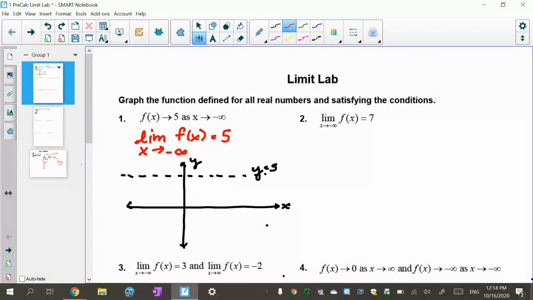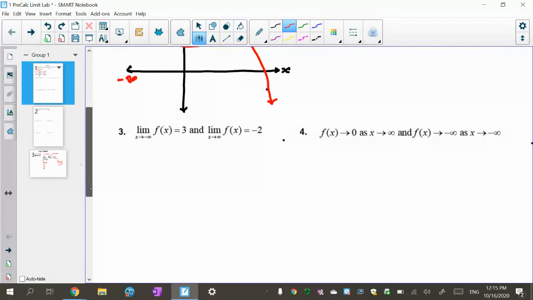And I can sketch a function that as I go to negative infinity, which is on my x-axis, so I'm going to the left, I can sketch any graph I want, as long as I know that as we go to the left, it's approaching 5. So that just shows you that you can describe a function, write it both ways, and do that. Okay? Let's see if we can pick another one.